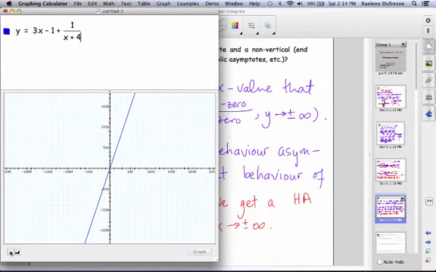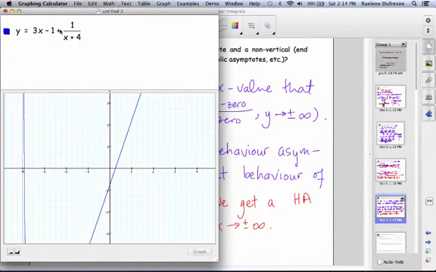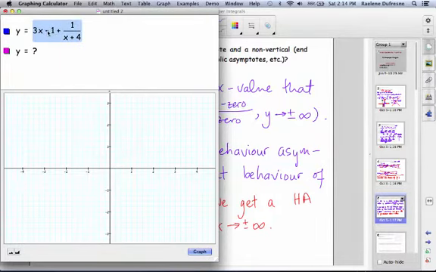And not just any line, this graph is specifically going to look like the line y equals 3x minus 1, because as x approaches infinity, the denominator approaches infinity or negative infinity, which means that the entire fraction, 1 over x plus 4, will approach 0. And so y is going to approach 3x minus 1 plus 0, so y will approach 3x minus 1.